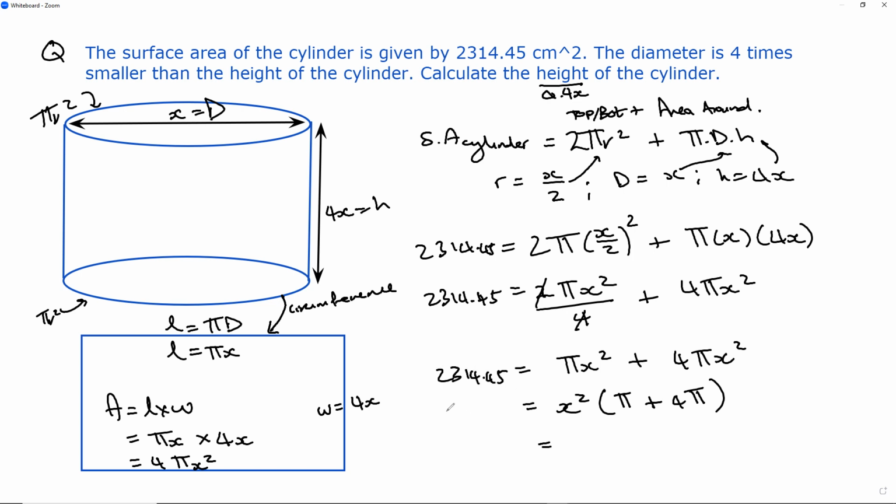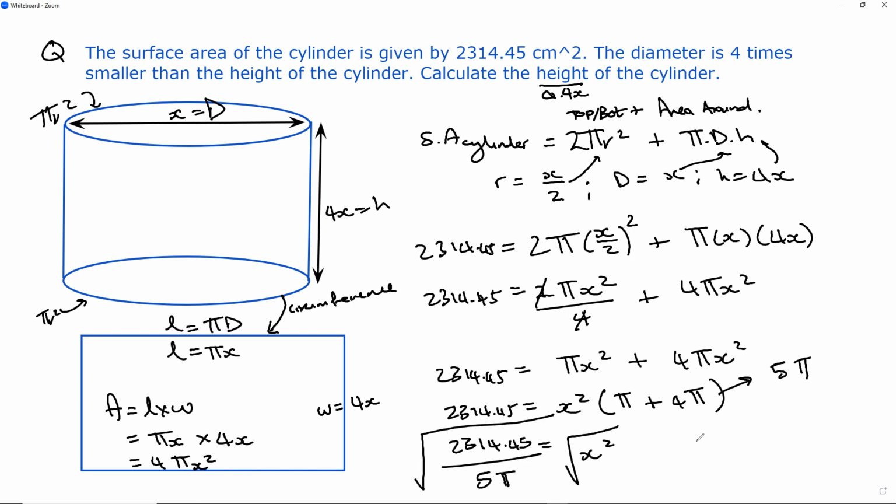We're just about at the last stages of the question, where we're now going to divide both sides by pi plus 4 pi. What's pi plus 4 pi? 5 pi. So I'm going to divide 2314.45 by 5 pi. That'll become x squared. And so the square root on both sides gets me my x value.